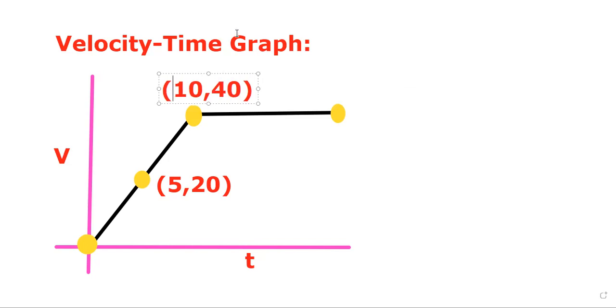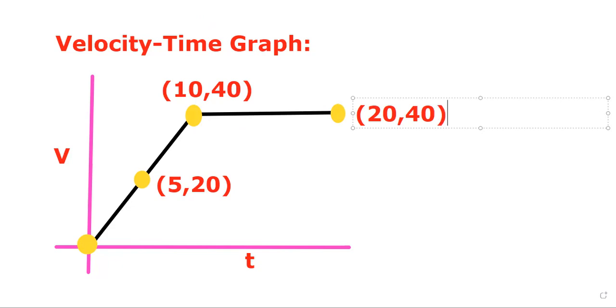Now look at this point to this point. If you just observe, this point is quite parallel to this point. It means its x-axis is changing. Suppose x is 10 here, and maybe x is 15 here, and maybe x is 20 here. So x is changing, but y is the same, so y is 40.